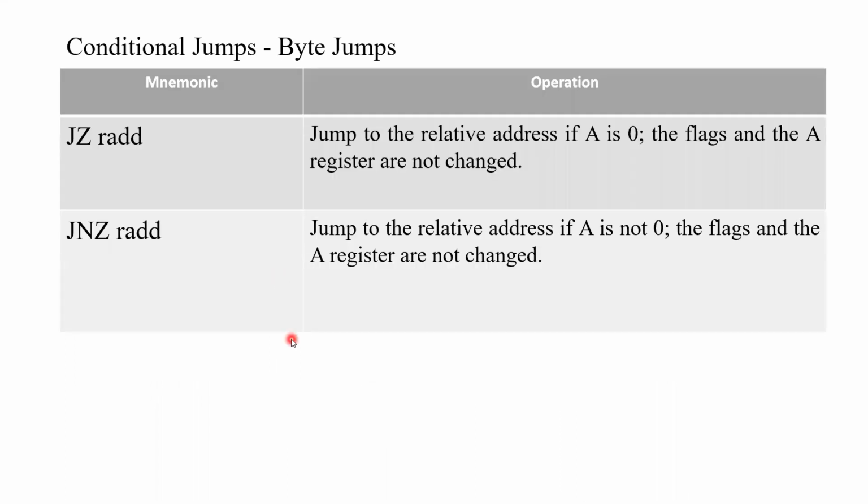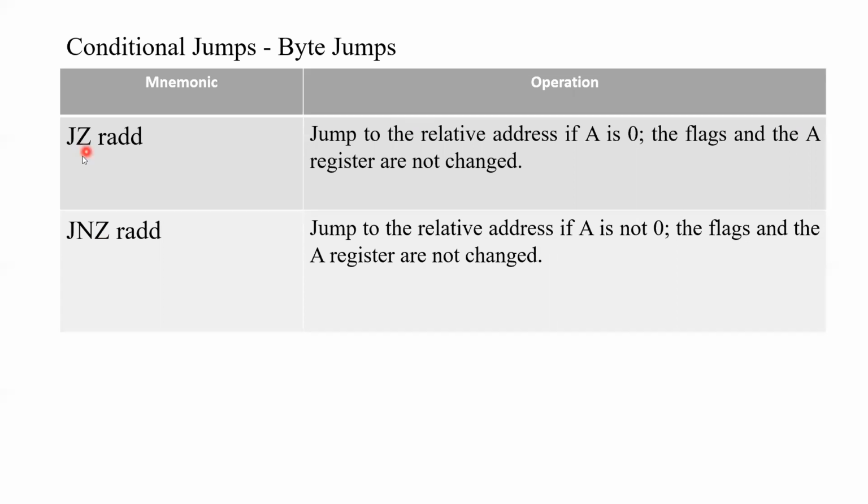Next, conditional jumps. What we have is byte jumps. We have JZ rel address, which says jump if zero. It is checking the contents of the accumulator, whether the contents of the accumulator is 0 or not.